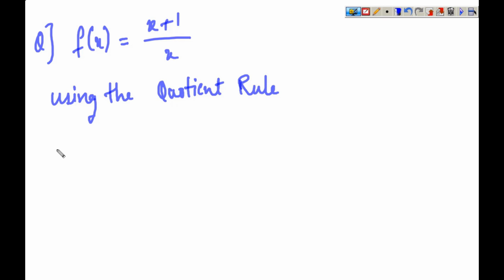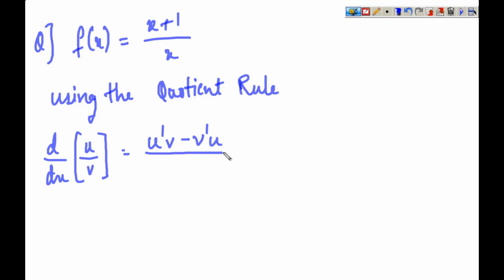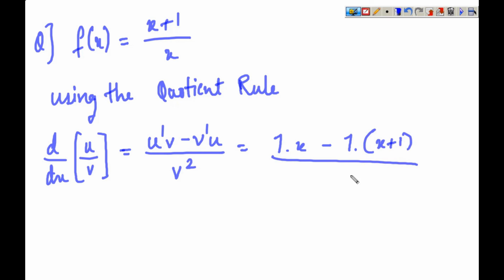we know that d by dx of u by v equals u dash v minus v dash u by v square. In this case we have the derivative of x plus 1 as 1 times x, and then minus v dash, that means the derivative of x is 1, times u, that is x plus 1, whole divided by v square, that is x square.